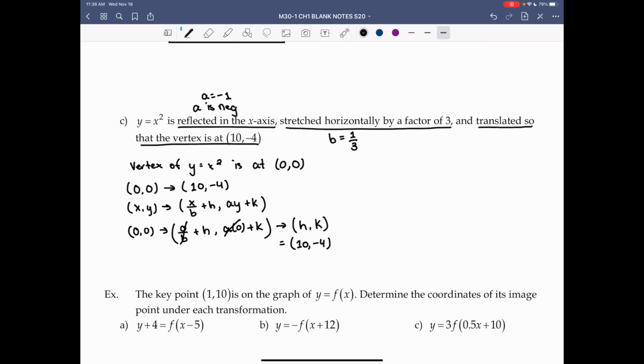Then we can write our equation. Y equals a is negative 1, so just negative, bracket b is 1 over 3, bracket x minus h, which is 10, so x minus 10, close bracket, squared, and then minus 4 for the k value.